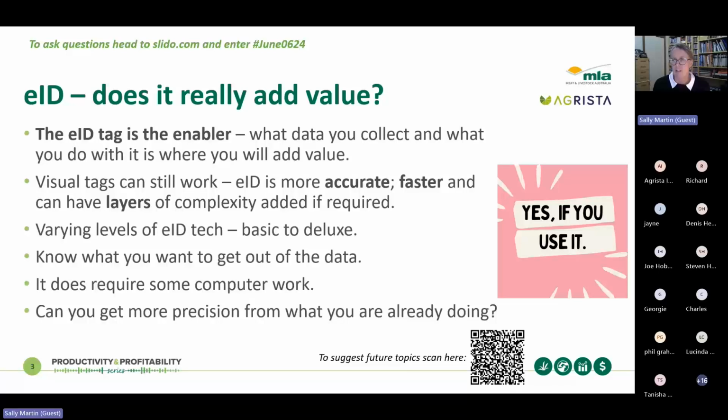And you can then start adding layers of complexity. So where you might have, for example, a draft where you want to draft on multiple different facets, the electronic identification and the equipment that goes with it enables you to be able to do it.